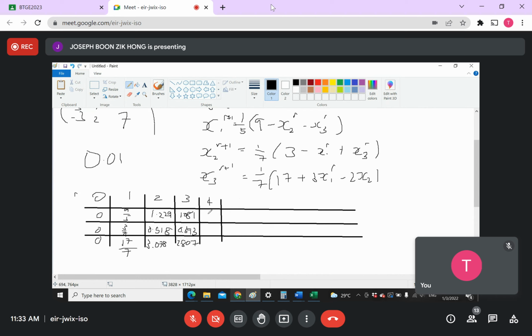So you see the distance is getting nearer and nearer. The distance between 2 and 3 is bigger than between 3 and 4. So 4 and 5 will be smaller and smaller.